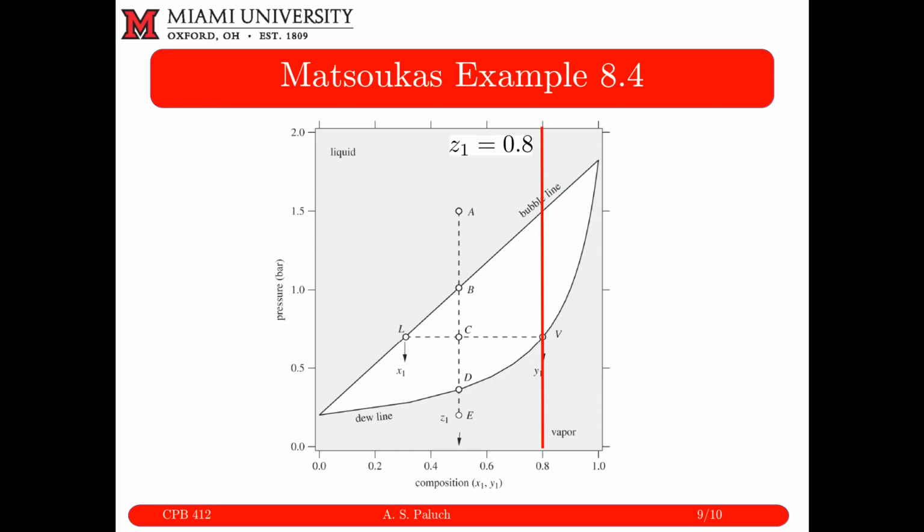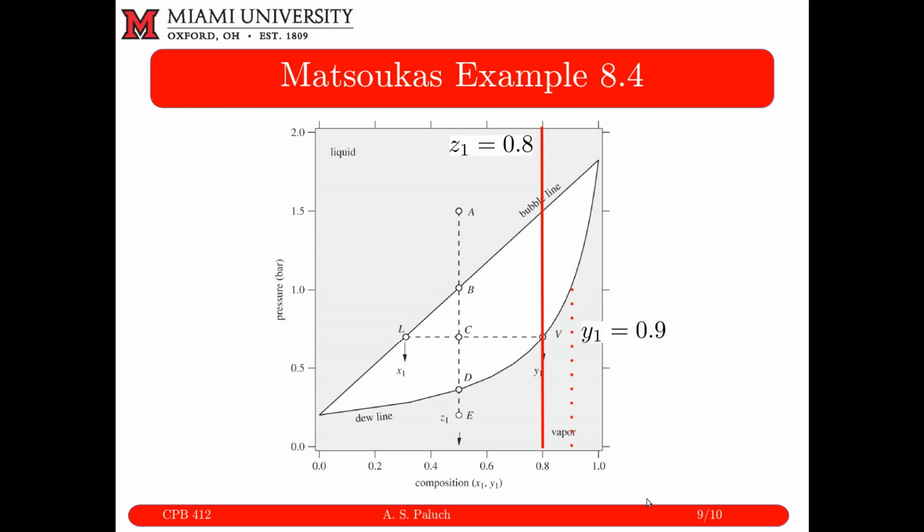So even when I'm in the two-phase mixture, if I want to calculate the total composition, the total composition is exactly the same. What's different are the compositions of the liquid and vapor at equilibrium with each other. So I start by drawing this vertical line because I know, no matter what for the process, I will be somewhere on this vertical line.